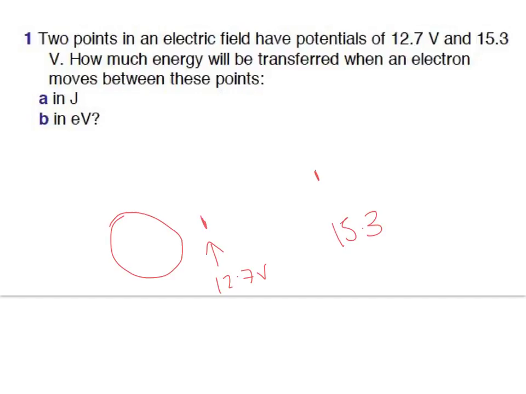So in this question, we have an electron moving between two different potentials. At 12.7 and 15.3, we see a change in potential energy per unit charge of 2.6 volts.